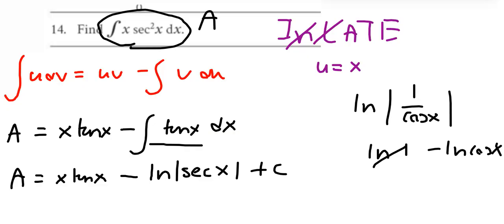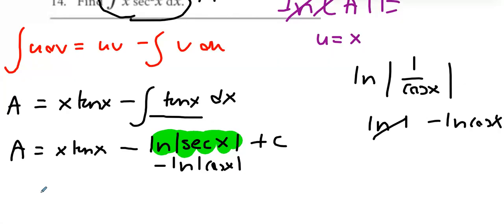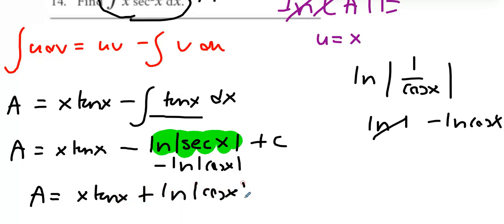So this whole section here actually becomes minus ln cos x. And when you do a minus by a minus, what do you get? Plus. Everybody cool with that? Right, on to 15 now.